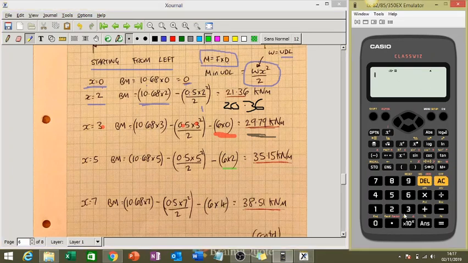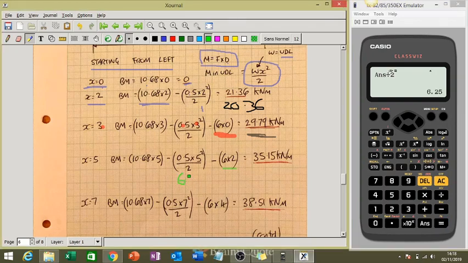So 5 squared, times 0.5 equals that. Divided by 2 gives me 6.25.